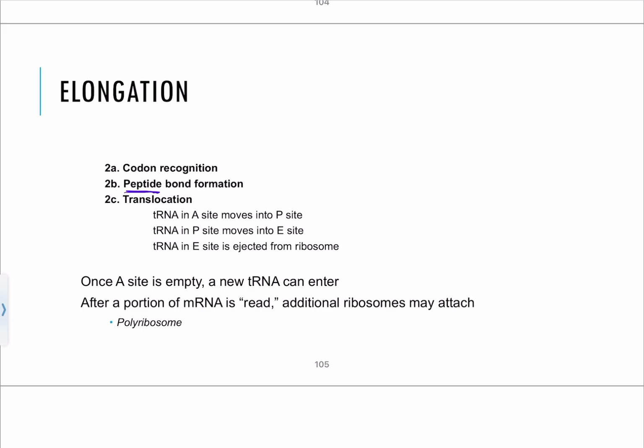Another thing to think about is that a lot of times in textbooks, or if you've learned this before, you focus solely on one ribosome going in and translating one mRNA. In reality, we don't just have one ribosome attached to an mRNA molecule. We actually have multiple ribosomes going in and translating this mRNA into multiple different polypeptides at the same time.